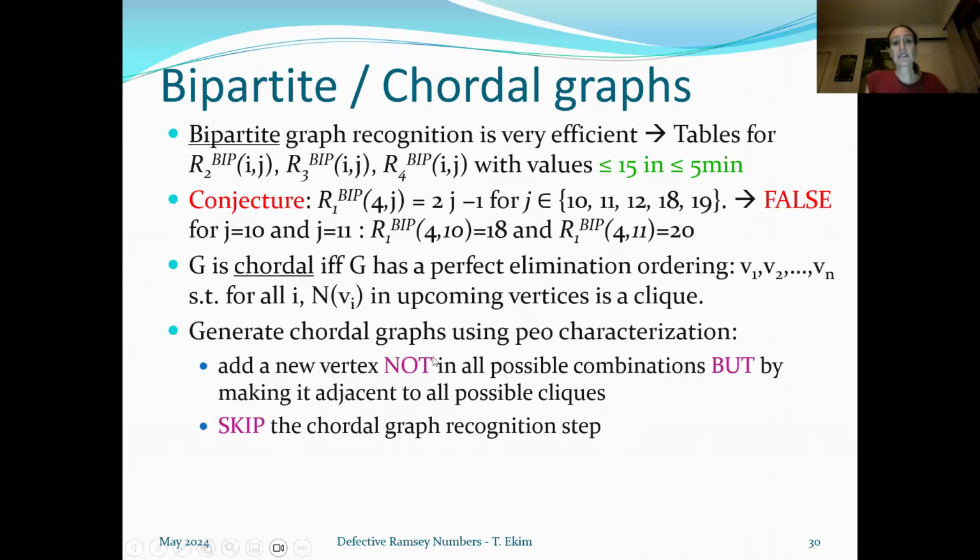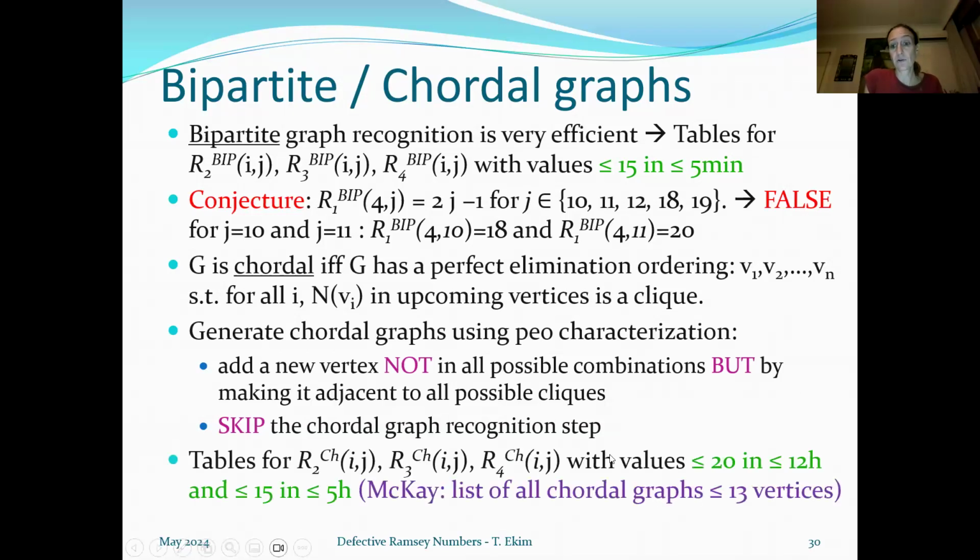So add a new vertex, not in all possible combinations as in the generic algorithm, but by making it adjacent to all possible cliques. So this if and only if characterization helped us make it very efficient and skip completely the chordal graph recognition step.